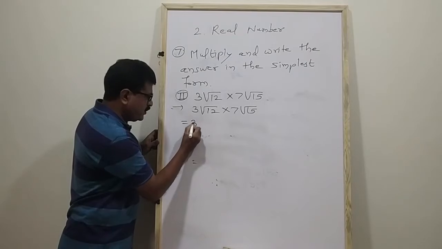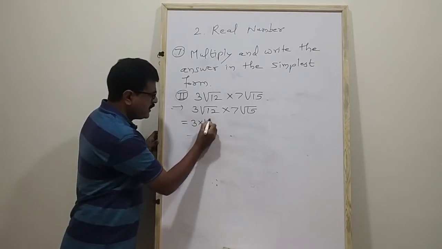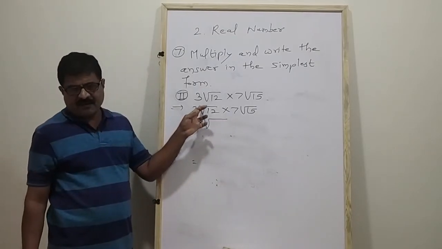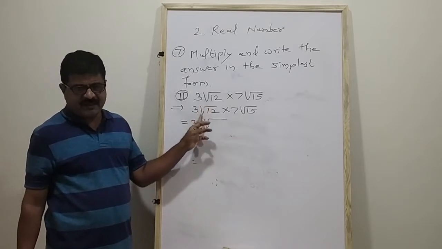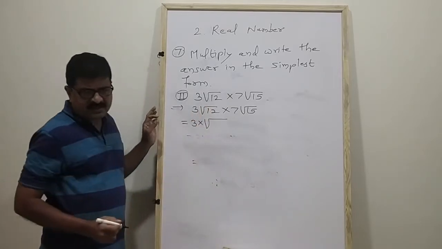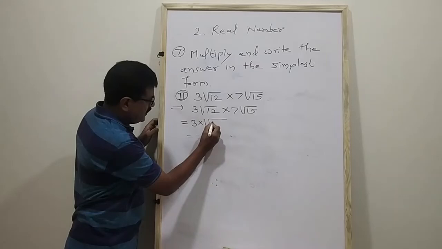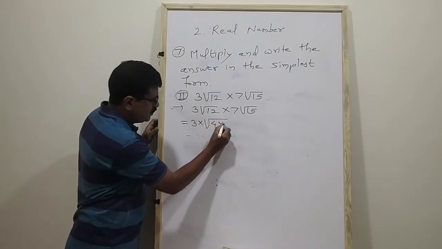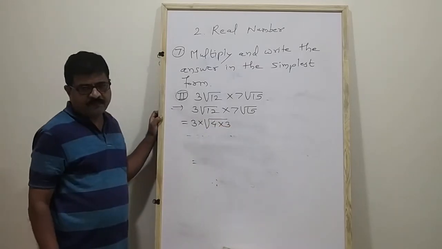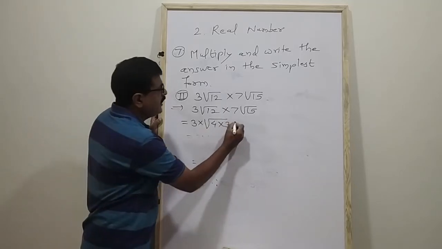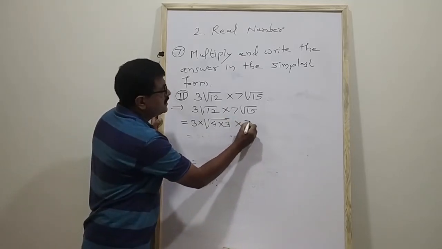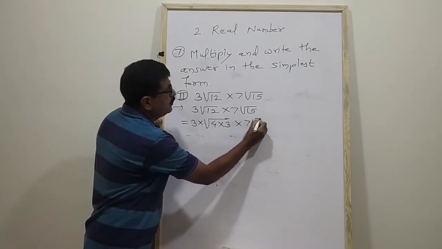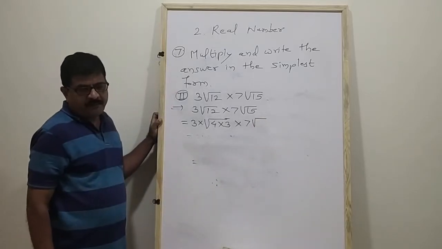now 3 into, we can write 12 as, we have to take square root of this, therefore 12 is written as 4 into 3, into 7 into square root of 15.